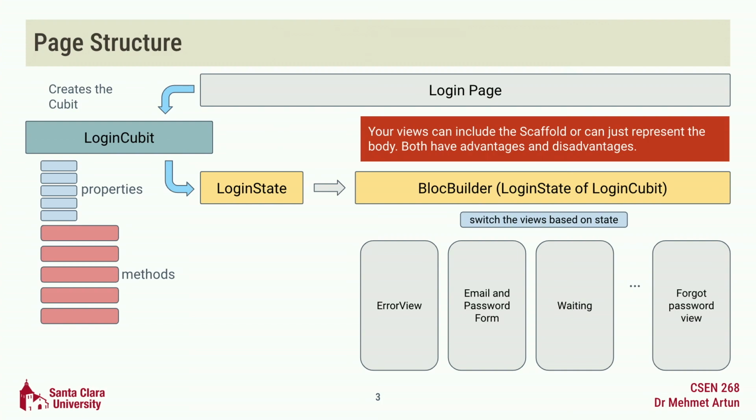Okay? The methods of the qubit can be called from the UI. It can be called from any of these pages, or it can be called internally as well. The qubit can also subscribe to some data source, and if the data source, it's subscribing with a WebSocket, if the data source changes something, it can emit a new state as well, in some cases.